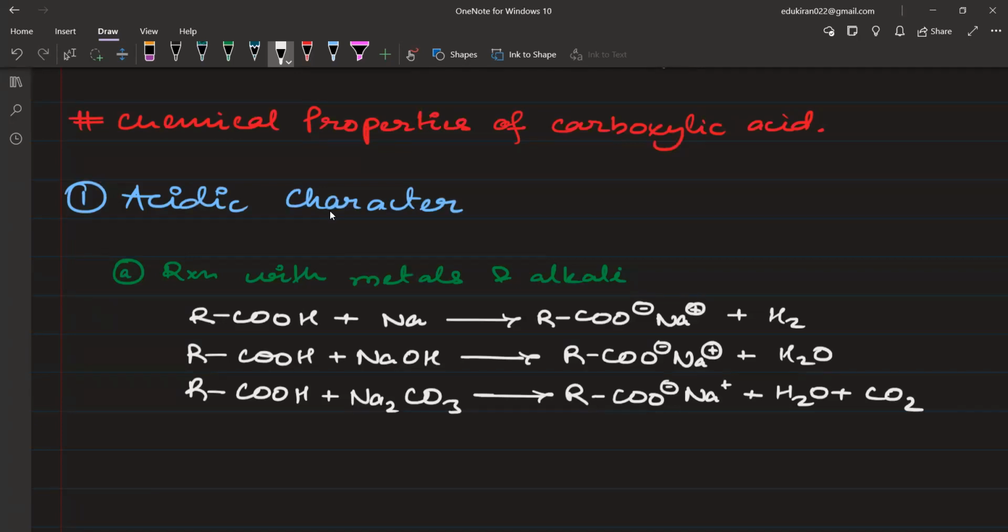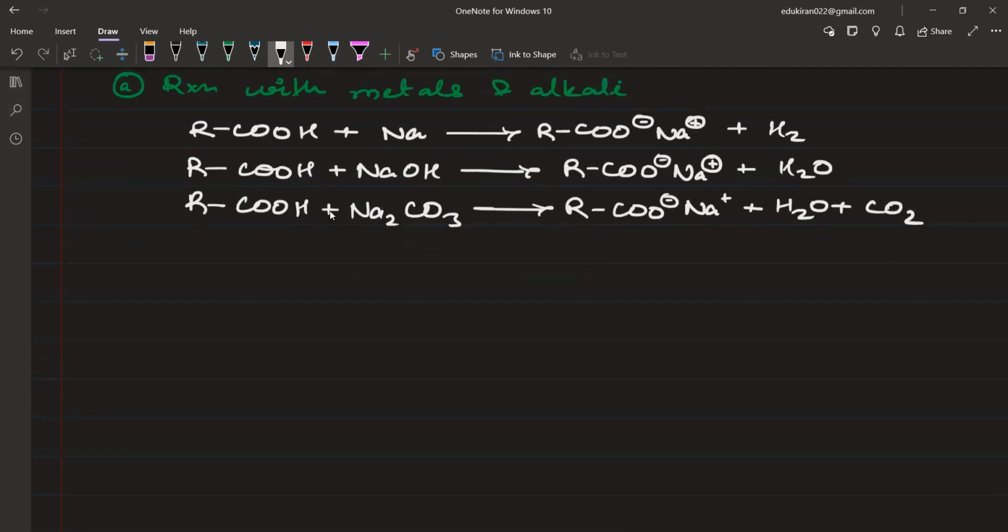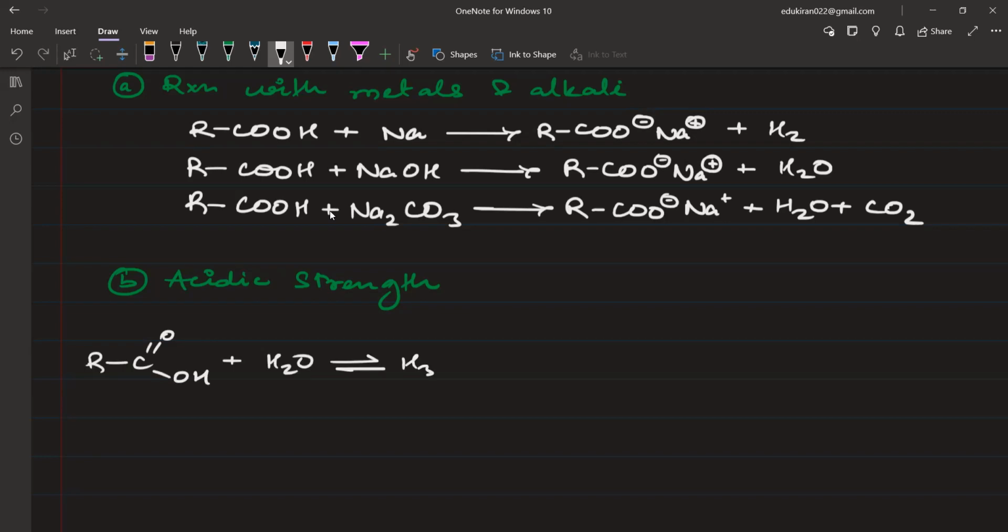Now, its acidic strength, right? The B part. Its acidic strength. So we determine the acidic strength by the equilibrium constant of the acidic reaction. If I have RCOOH plus water, then it is going to give me H3O plus.